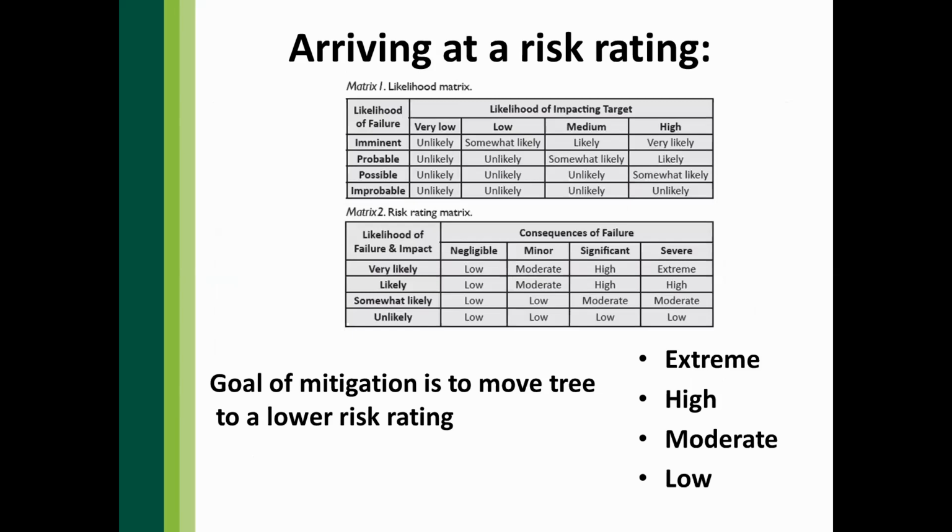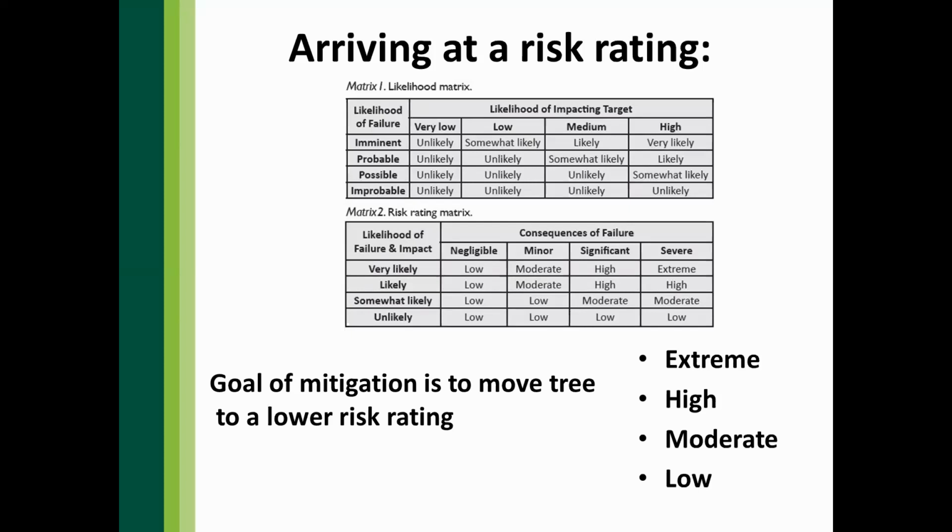What you do with it is worth a whole training, actually. If you've been through the tree risk assessment qualification, it's all about how to use that form and go through the process. But what it aims at is to arrive at one of these four categories of risk for a tree, ranging from extreme, going through high and moderate to low, describing the level of risk in a tree.